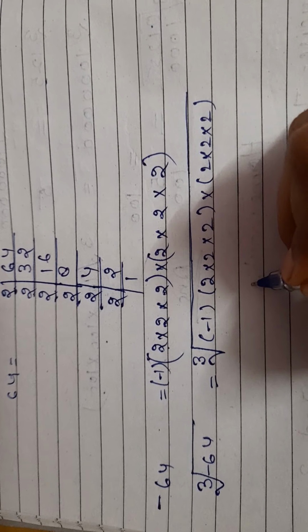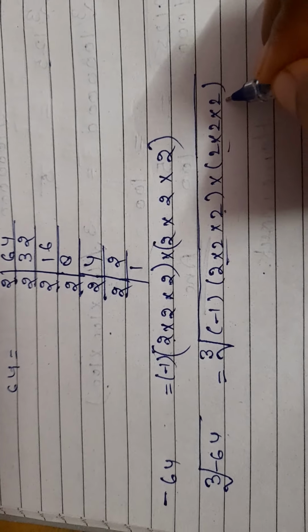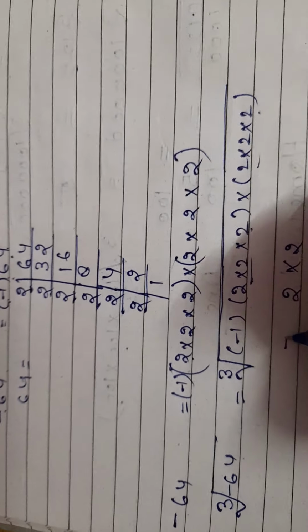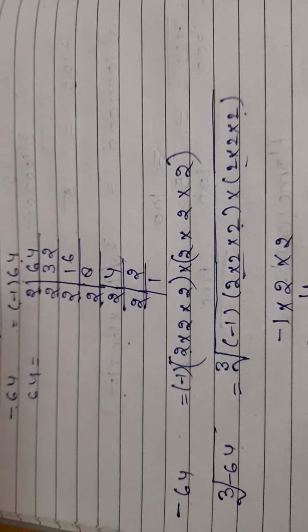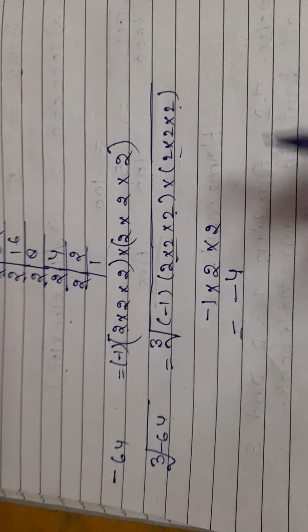So we write outside the cube root one factor from each triplet. One factor is 2 and one factor is 2, and we write minus 1. So this is minus 4. So the cube root of minus 64 is minus 4.